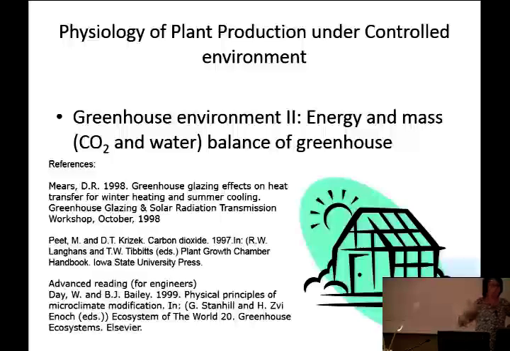And then the third one is quite advanced content. Unless you really want to learn in depth about greenhouse energy thermal properties, you don't need to read this. But if you are interested in this area particularly, and if you are in the engineering program, I would encourage you to try that chapter coming from one of my reference books.